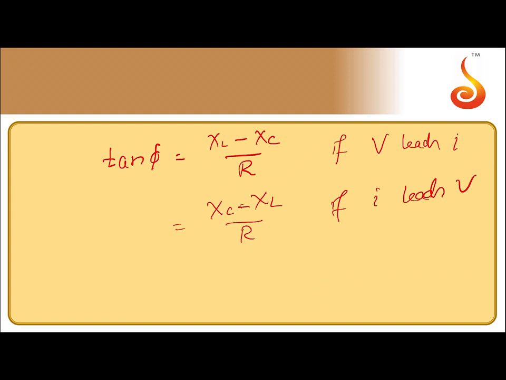As the circuit is capacitive, he says that the current leads the voltage by 45 degree. So we can write tan pi by 4, that is 1, is equal to XC minus XL divided by R, or we get XC minus XL is equal to R.